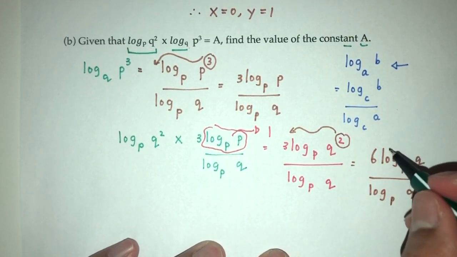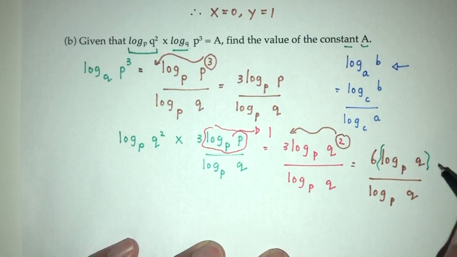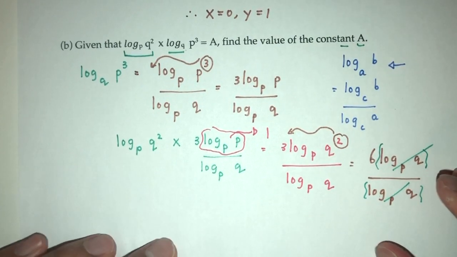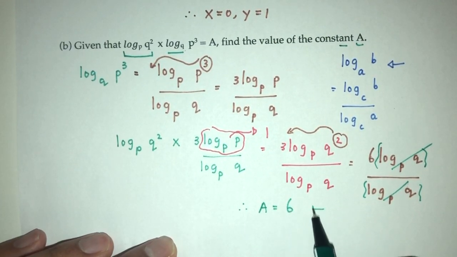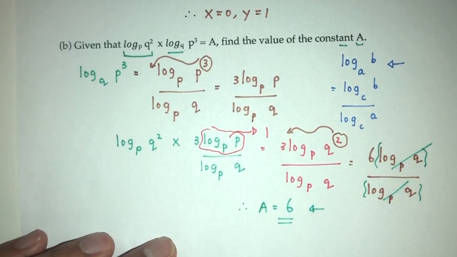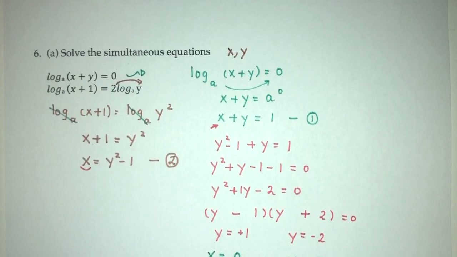So now we just observe, look at this and this are the same, so they will cancel out. So eventually the value of a has to be 6. Okay, and that is your question number 6.